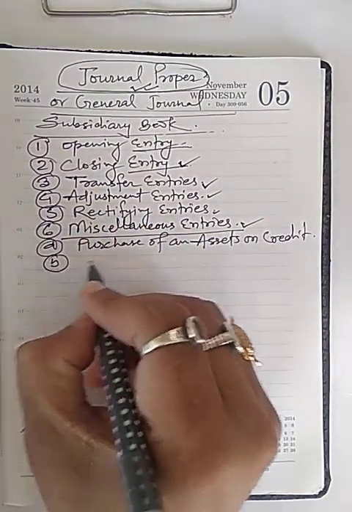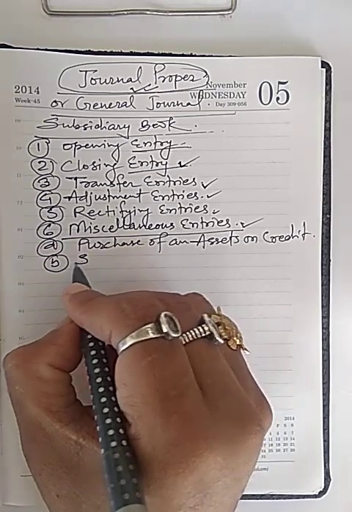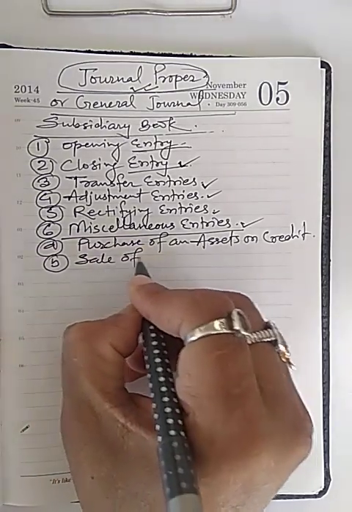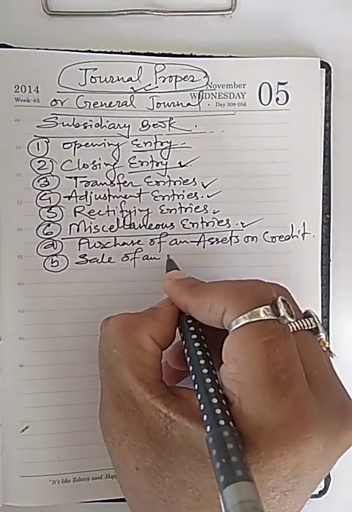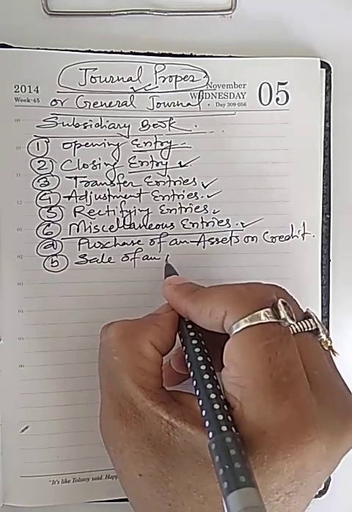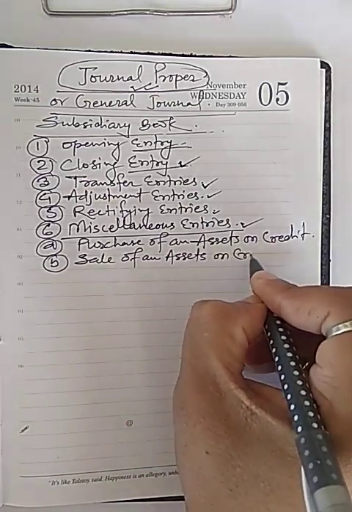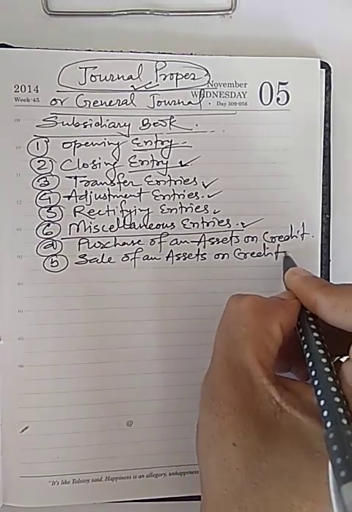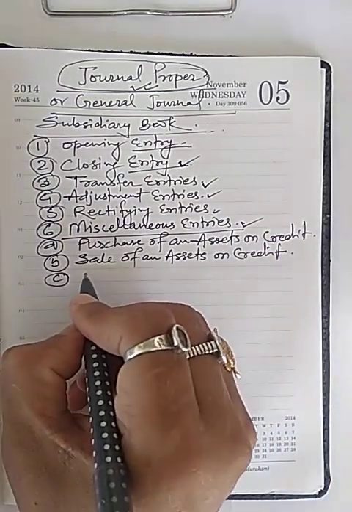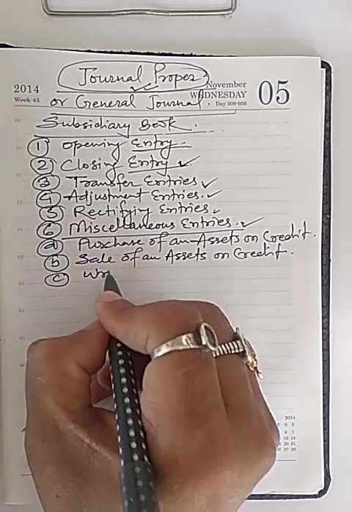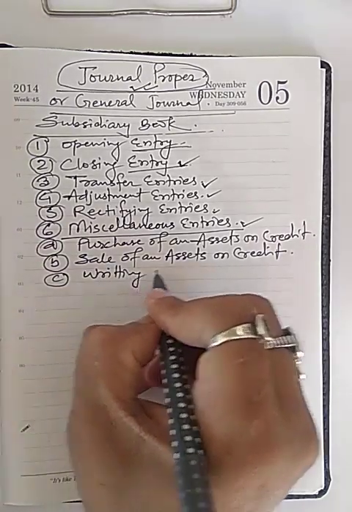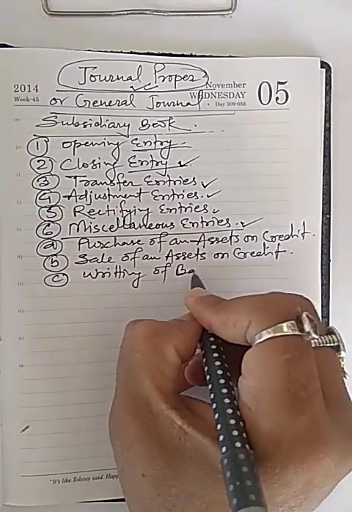B point, sale of an asset on credit. Next point may be writing off of bad debt.